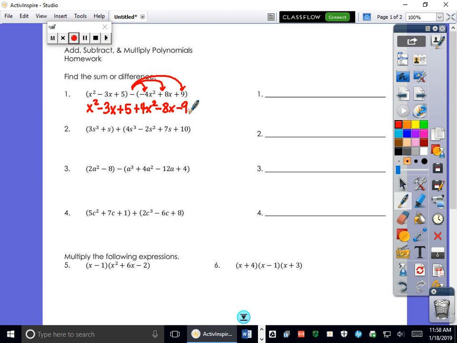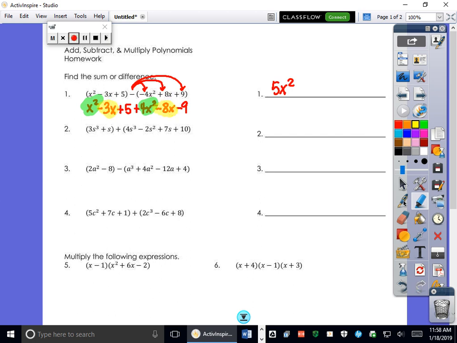Now at this point we have to put together all of our like terms. I see an x squared here and an x squared here, which would be 1x squared and 4x squared, which is 5x squared. So those two are going to go together. We always want to put this in descending order. The next one we have is negative 3x and negative 8x.